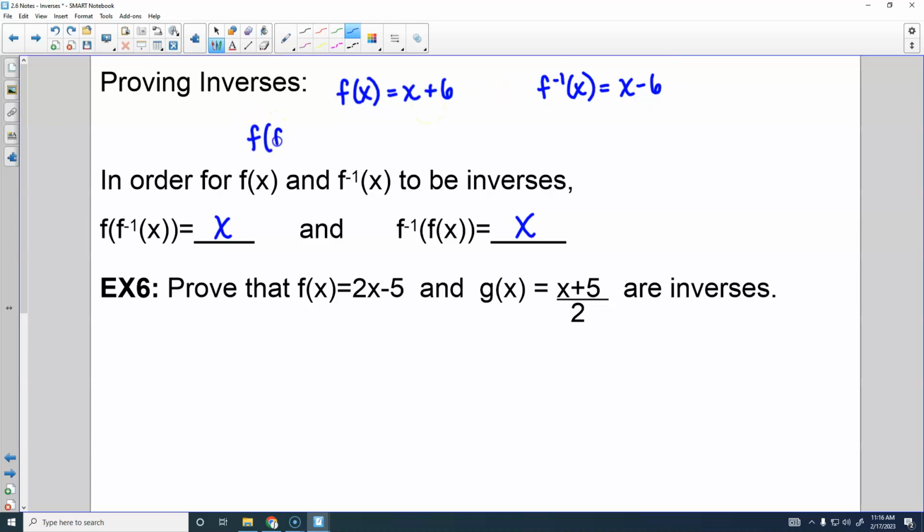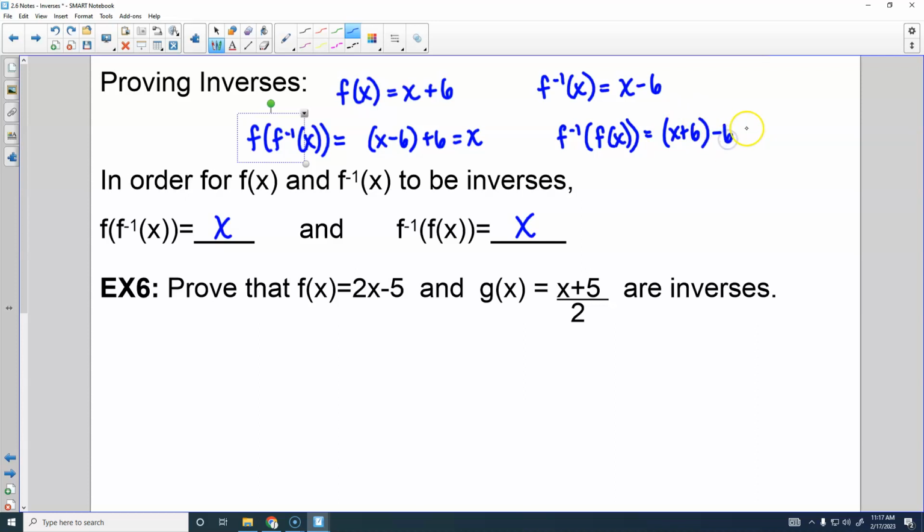If you do f of f inverse of x here, you would be doing x minus 6 plus 6. Clearly, if you do x minus 6 and then do plus 6 right after that, you're just going to get whatever you started with, right? Same thing if we compose the functions in the opposite order. So if I do x plus 6 minus 6, I would still just end up with what I started with, which would be the x.